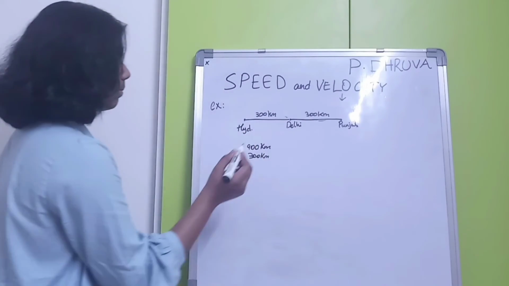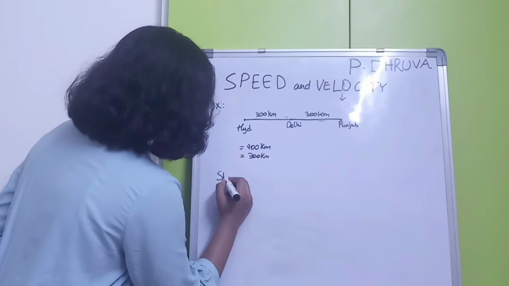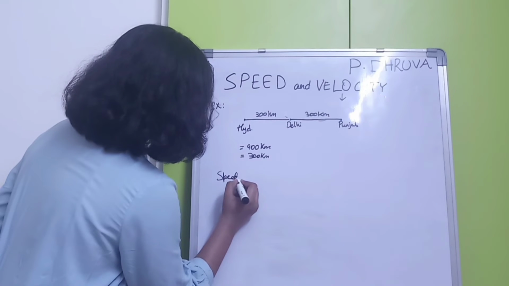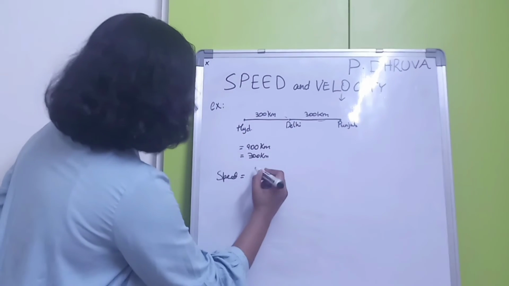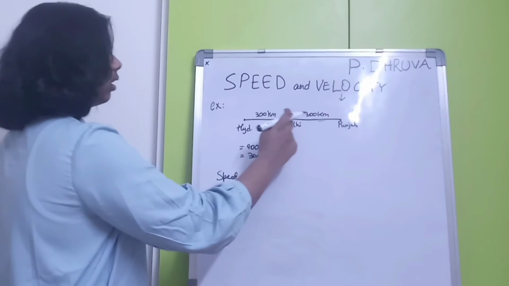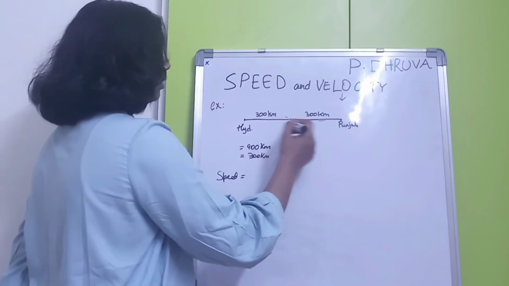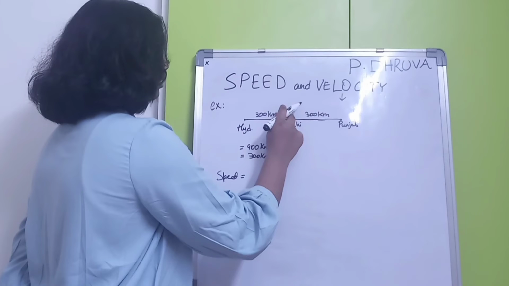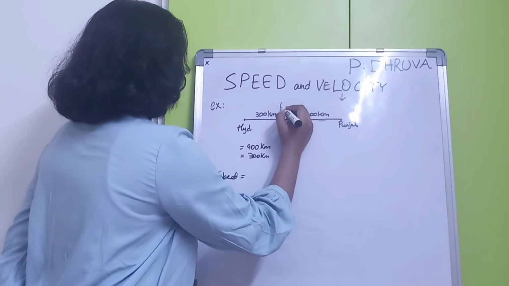So now let's calculate speed and velocity. Speed is distance by time. The time taken to complete this journey is 6 hours.